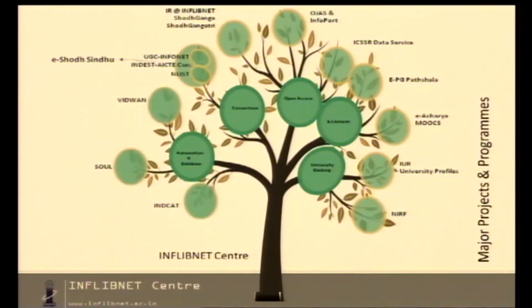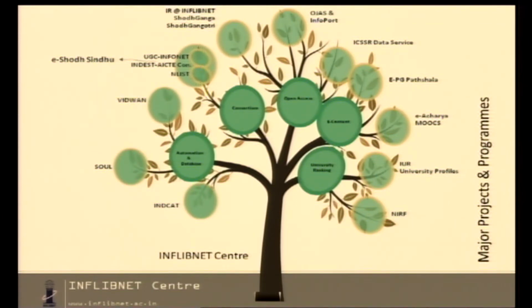About 245 universities are contributing to it. We have another initiative called Shodhgangotri, where approved synopses of theses are available in the repository. The idea is that duplication of research is avoided. About 3,000 synopses are available in this.